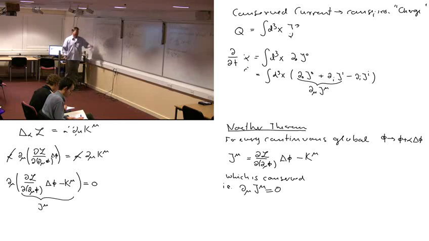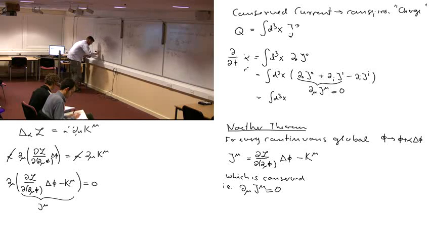So that is our divergence of the current. And therefore, if our current is conserved, this is equal to 0. So in total, we have something like d3x minus di ji.